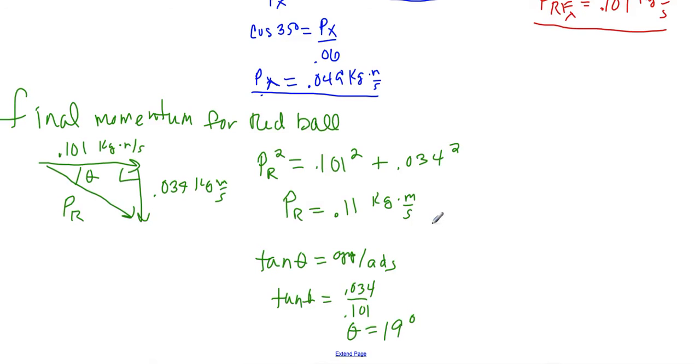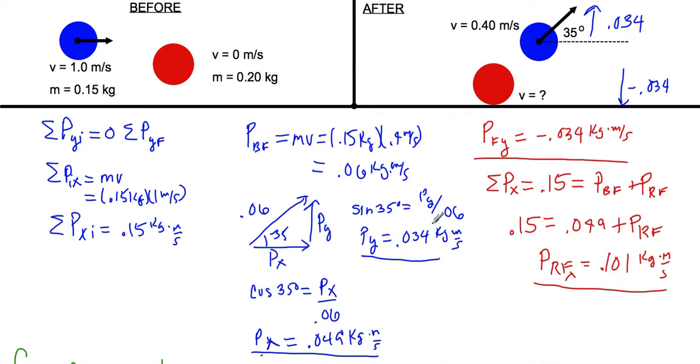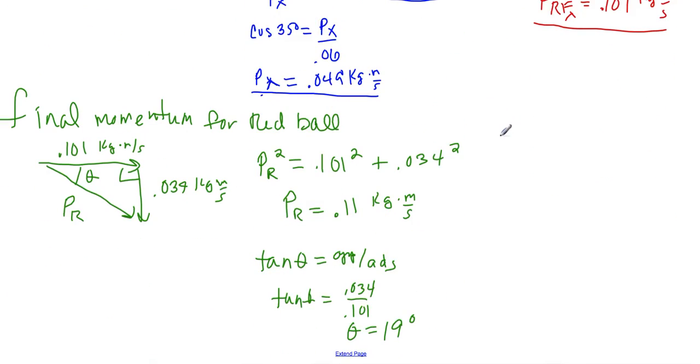So we're in our home stretch. Now if you kind of remember, if I go back up here, the question was, what is our final speed? We found the final momentum, but we want the speed. Sorry about that. We want the speed of this. So if you remember, momentum is equal to simply mass times velocity. So velocity would be equal to momentum divided by the mass.